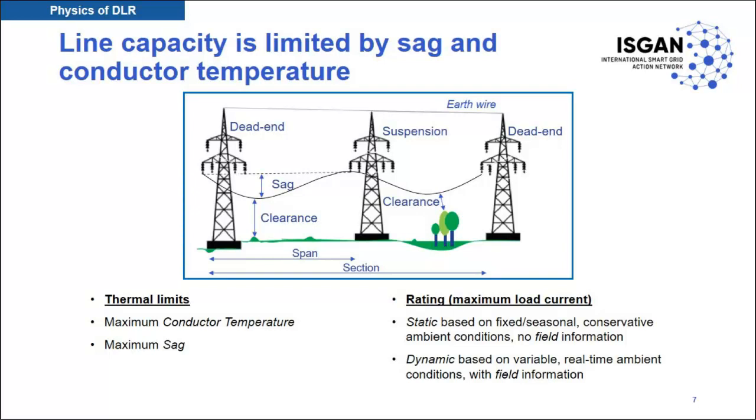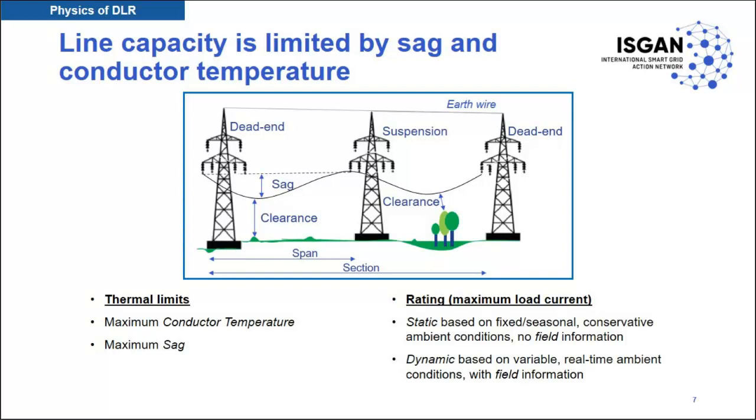Of course, you know that these conditions are just for safety, and that most of the time there are better than that. You have a little wind or some clouds, or the temperature has dropped a little. So all the principles of dynamic line ratings are based on knowing conditions and using the available margins safely. To do that, you have to monitor the line, its condition in real time.